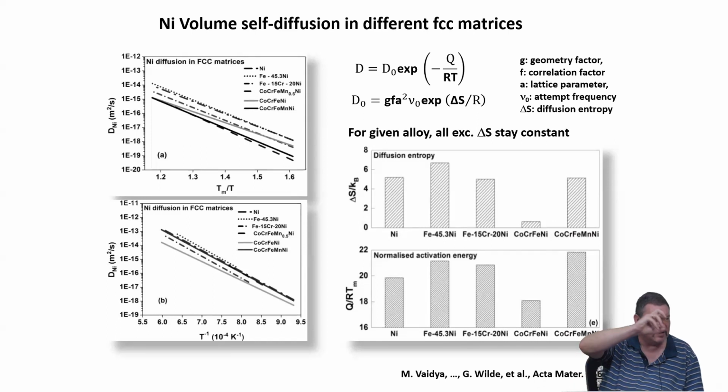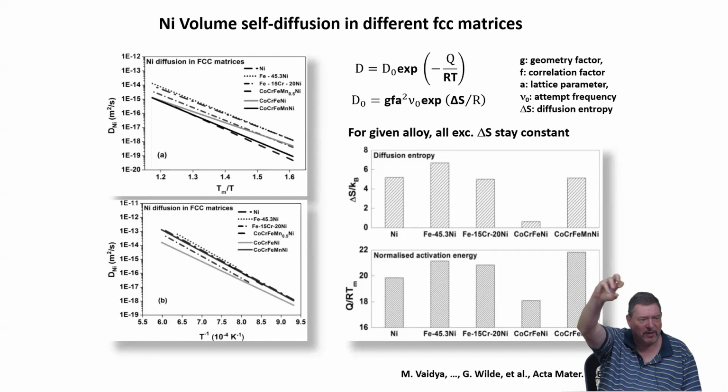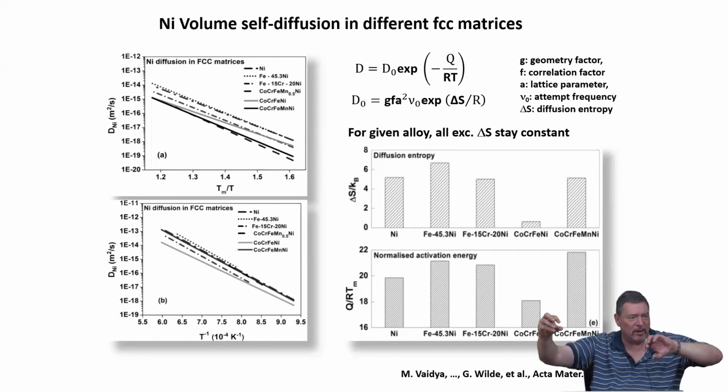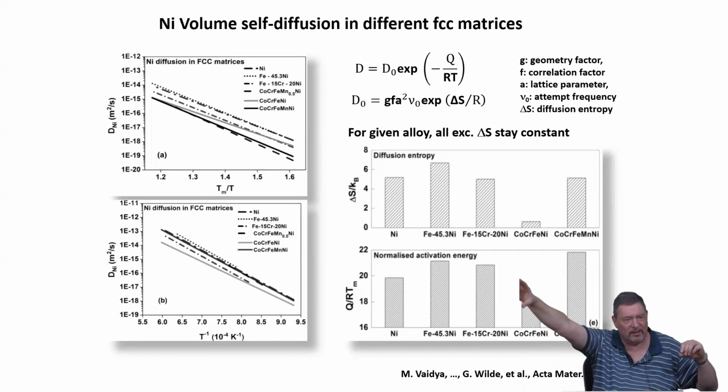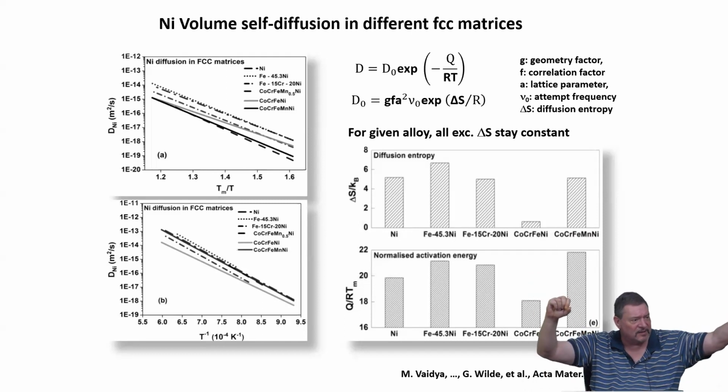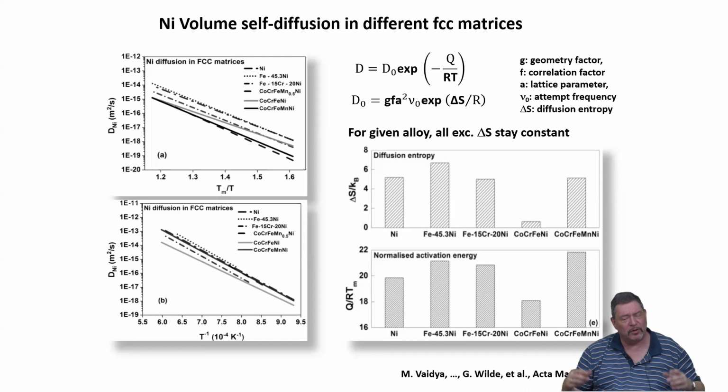Also, if a vacancy wants to jump from site A to neighboring site B, on this side it has maybe a different barrier than on this side, because there it's cobalt sitting and there it's manganese sitting, right? So these are intrinsic effects which I think, and this is my interpretation, are coupled to the local lattice distortions because of the alloy design.